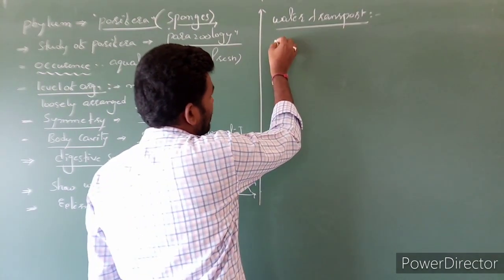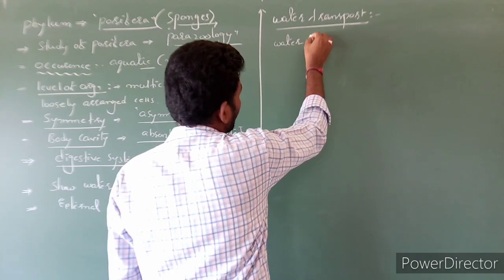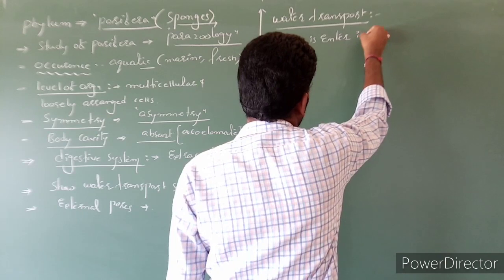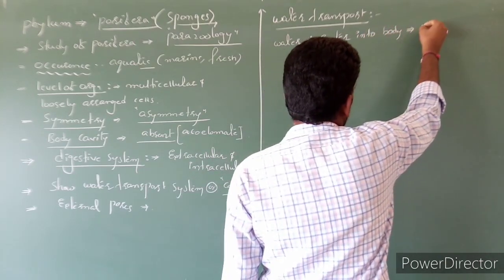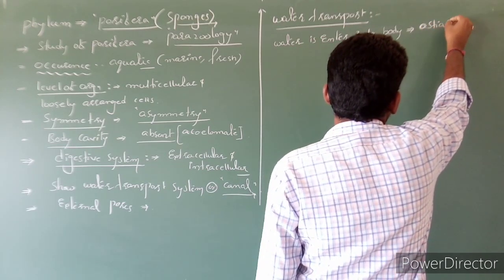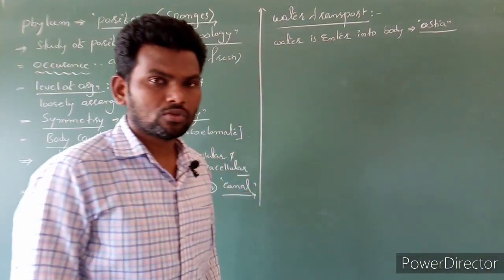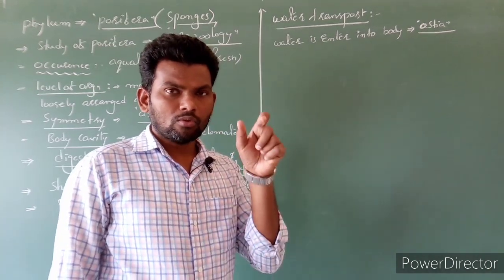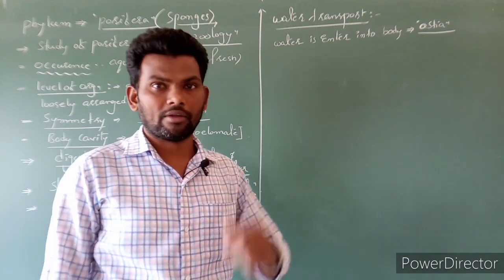From outside, water enters into the body through ostia, O-S-T-I-A. Ostia is an external pore. Through the ostia pores, water molecules enter into the body.